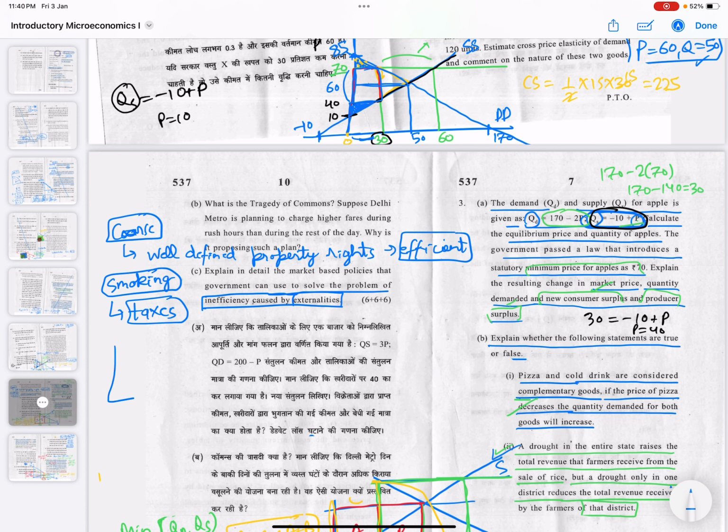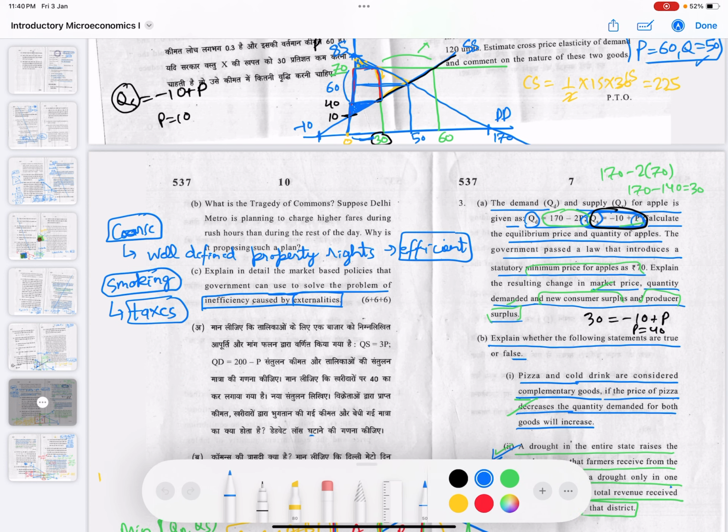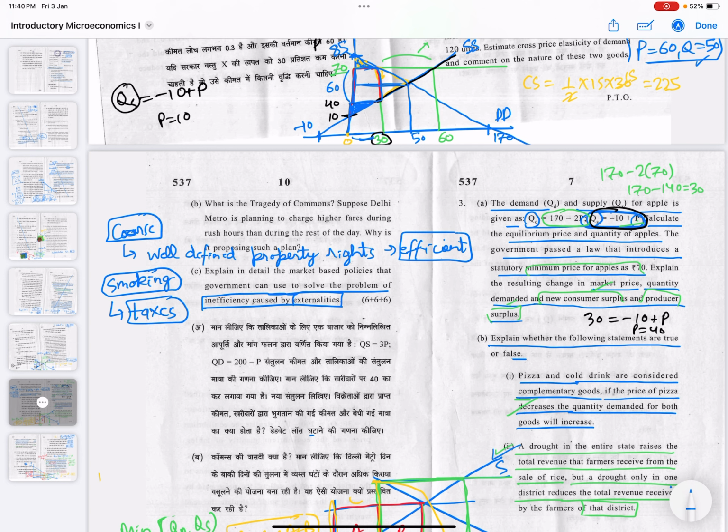You can draw the diagram as well, but in this case the diagram is not required because this was 6 marks only. If the taxes are imposed, the gap between the private cost and the social cost falls, and that would lead to an efficient amount of cigarettes being consumed.